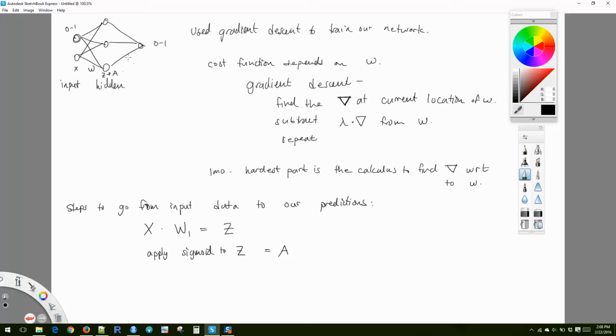Then we multiply A by our second set of weights to get the Z's for the third layer, and then we apply the sigmoid to those Z's.